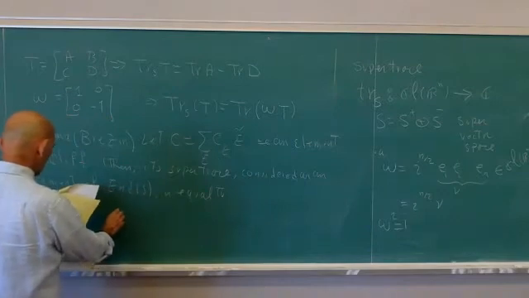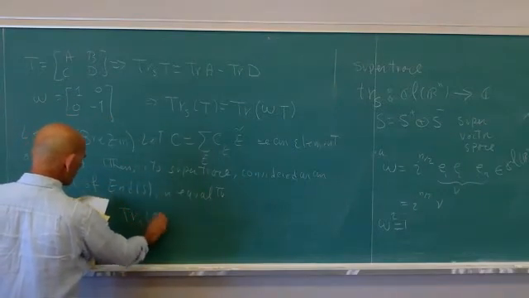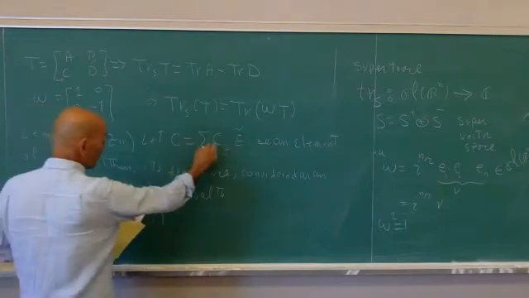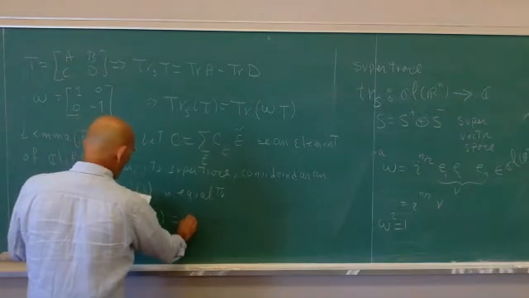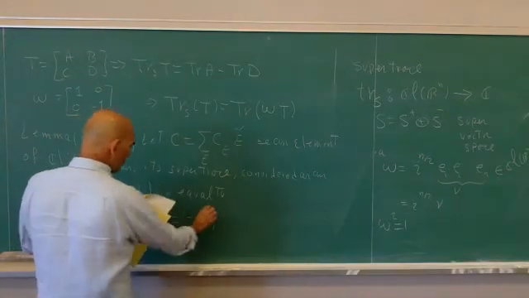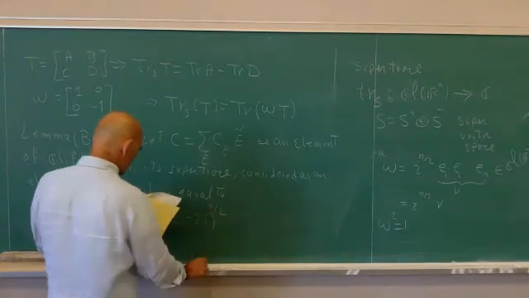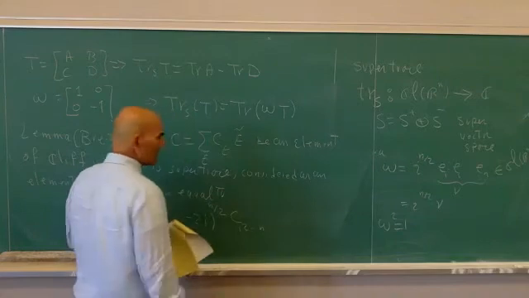Let me write it in the following form: the supertrace of a general element of this form is just equal to minus 2i to the power n over 2 times C_{1..2n}.